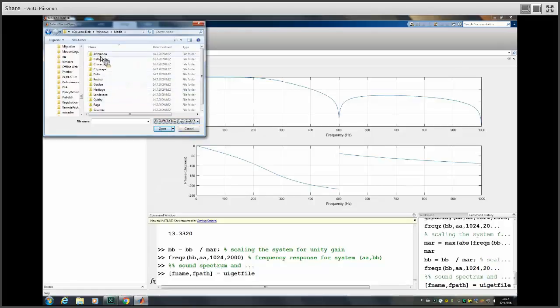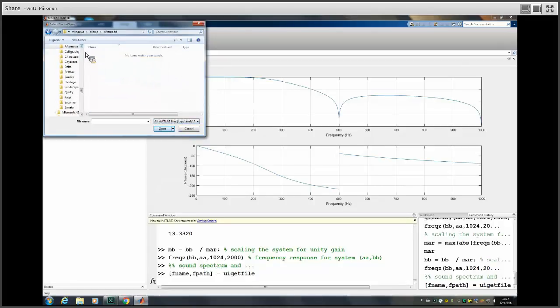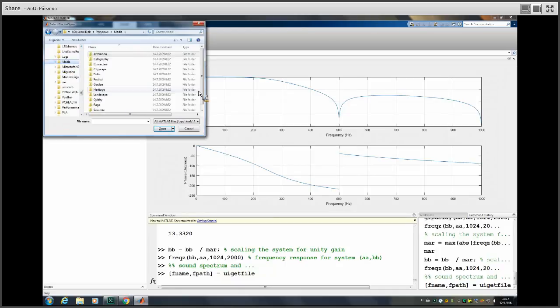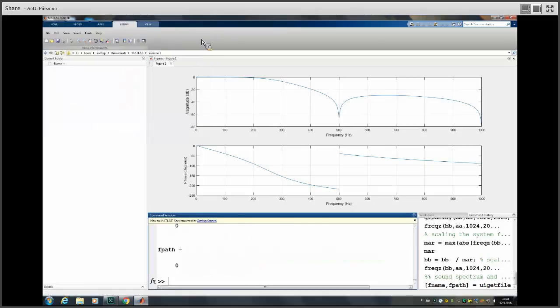Huh. Why doesn't it have the media files anymore there? They used to have. Interesting. Okay, I'll generate something.